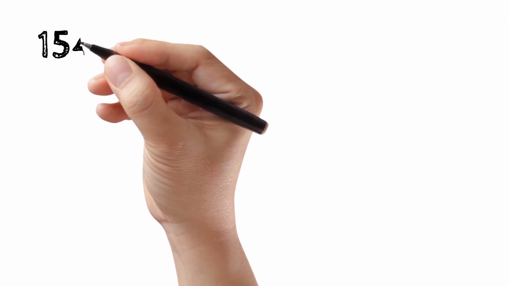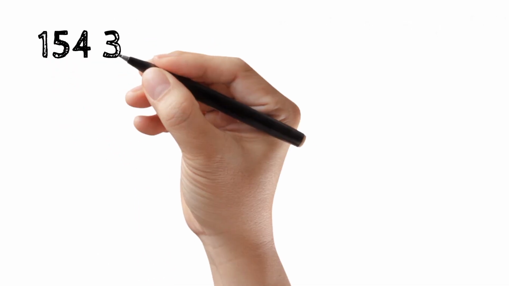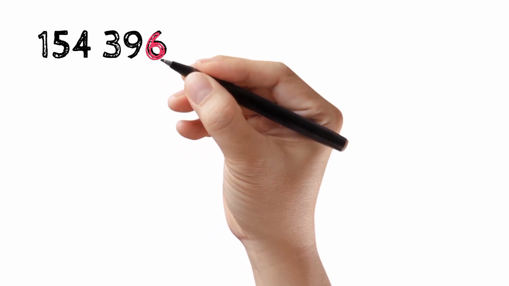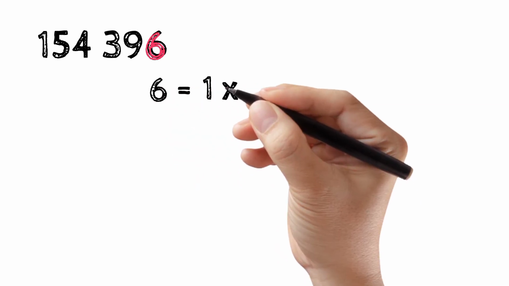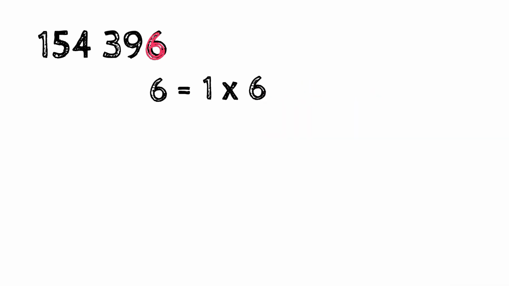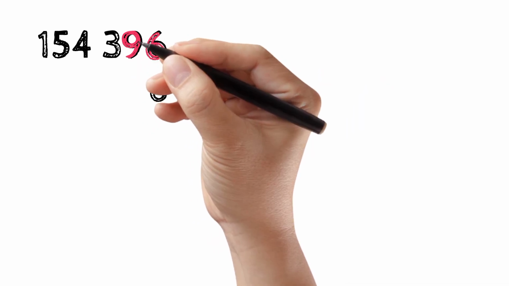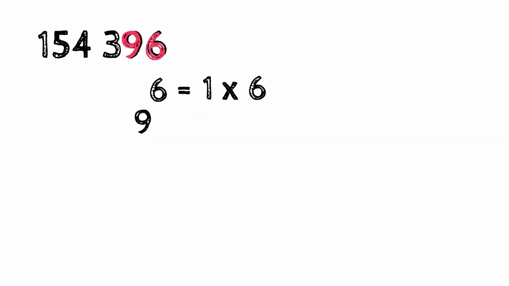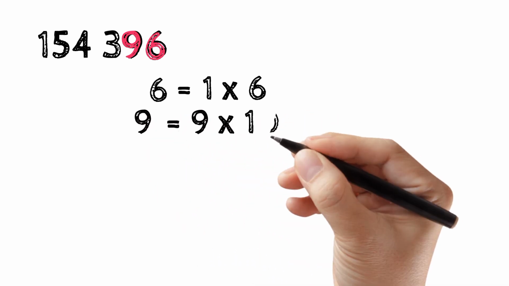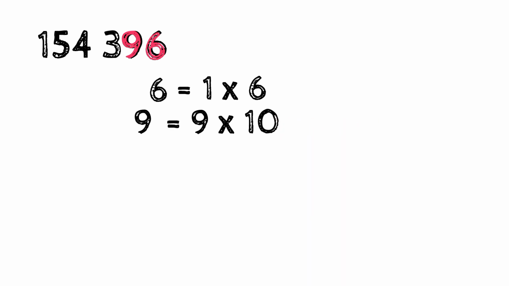So for example, consider this number here. So we can say 6 is the first number, so is equal to 6 times 1, because the 6 is in ones. And the 9 here is in tens, so is equal to 9 times 10.